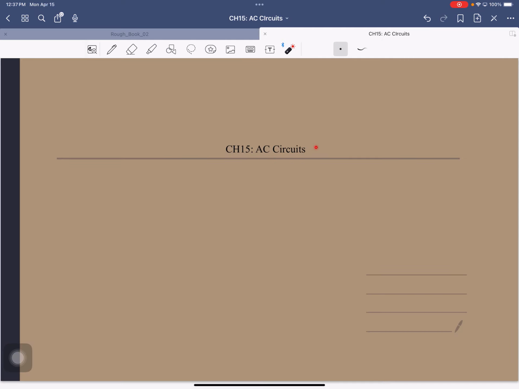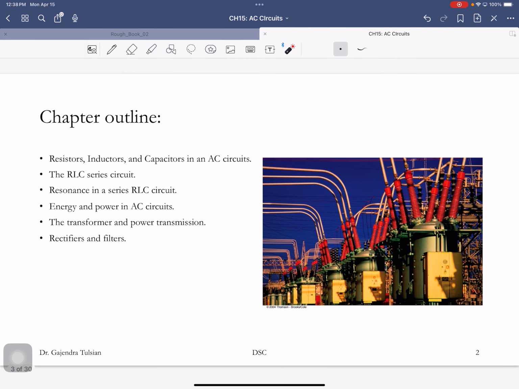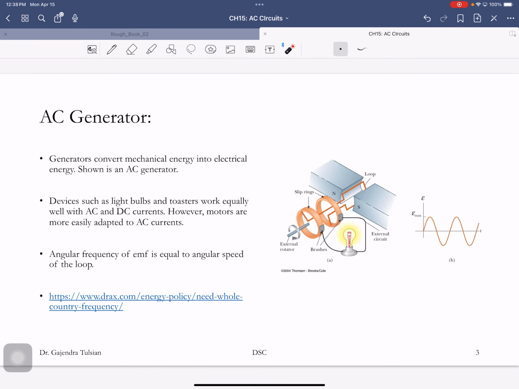So we're looking at AC circuits. You guys know what AC stands for? Alternating current. All right. So here's an AC generator, an AC voltage generator. Here's a wire that's connected to these rings, and these brushes that touch the rings connect to the outside.